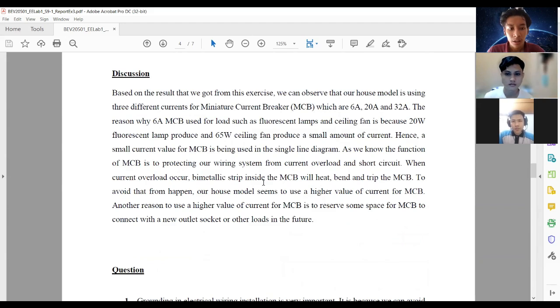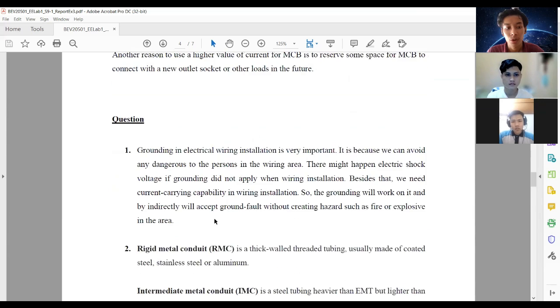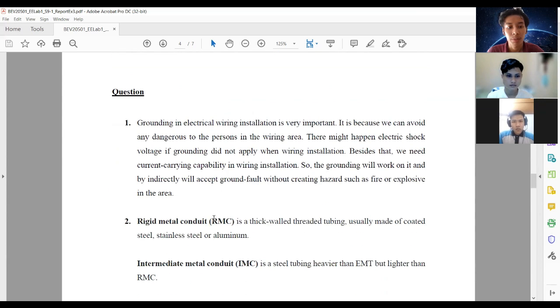A higher MCB value is used for the outlet socket to make sure that we have some space for the MCB to connect with new outlet sockets or other loads in the future. For question and answer, I will pass to Fikri Haris.